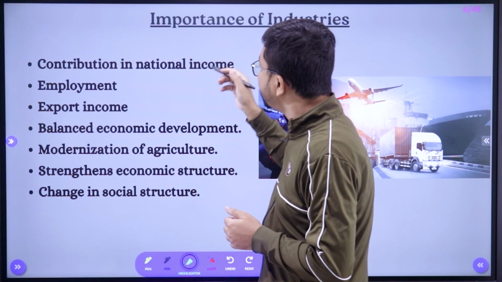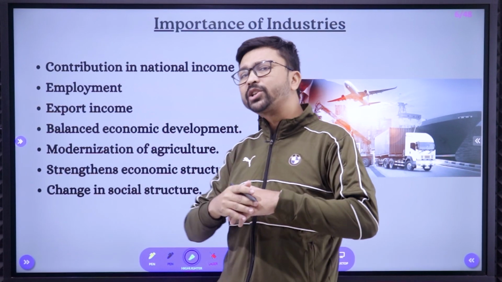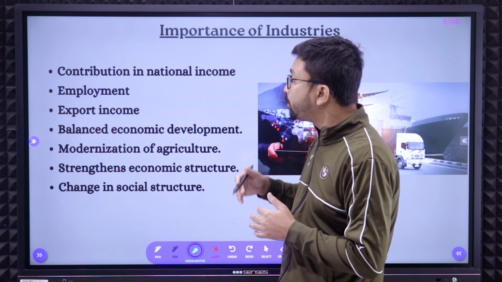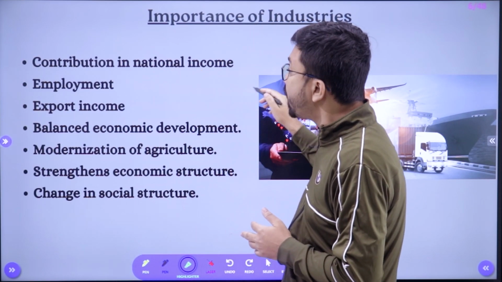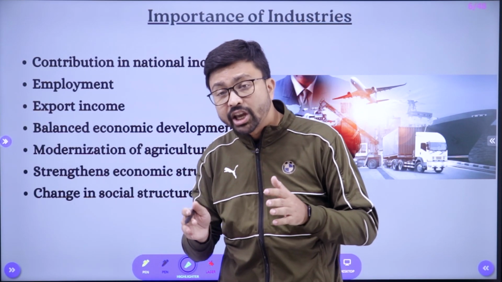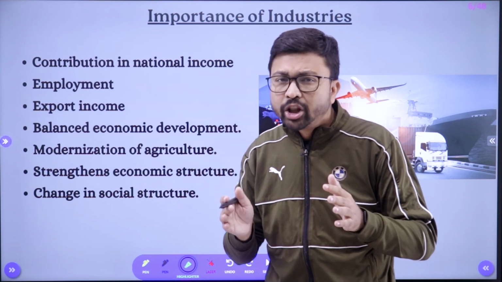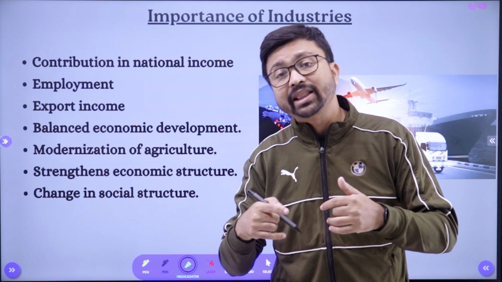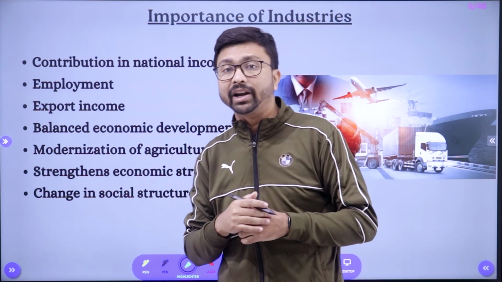So here you can see the importance of industries: how much output you get in industry, that much national income will increase. So there is a contribution to national income, and it provides job opportunities on a small piece of land. Many workers can be involved and they can work and earn money.